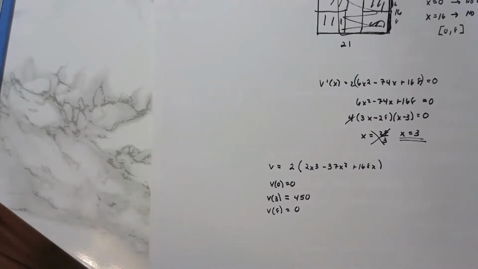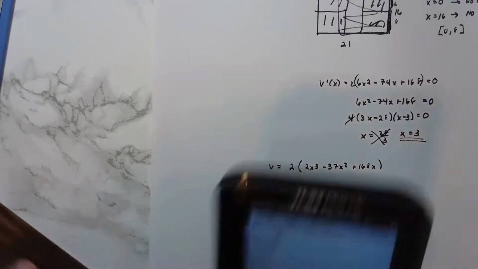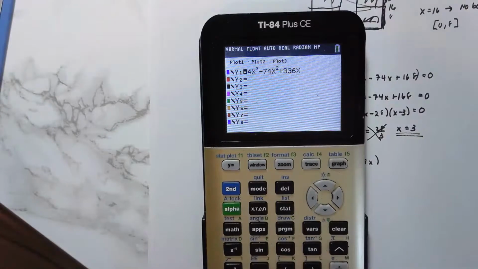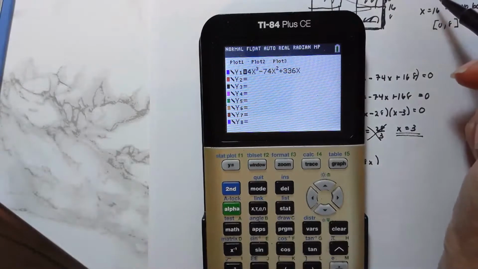Okay, so remember, I'm going to make a little series of videos, but I want to show you one other thing. If I put that function, the original function, into the calculator, so if you're allowed to use a calculator, that's great. You still have to develop the function.